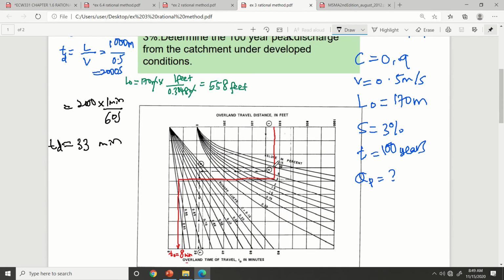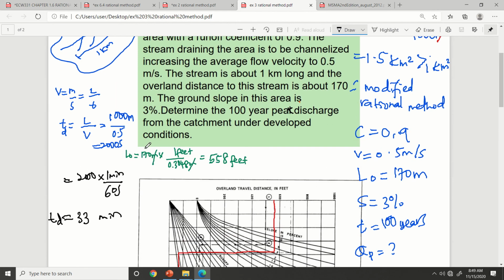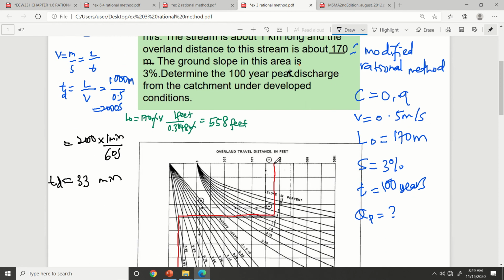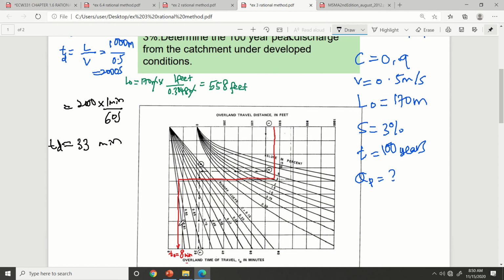L naught is 170 meter, convert into feet, I get 558 feet, and then slope 3%, and C is 0.95, and then I expand, I get T naught 8 minutes.